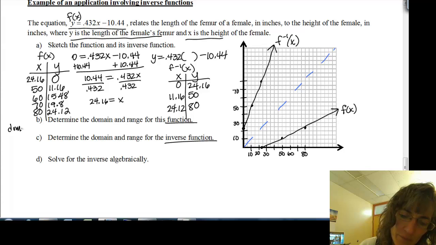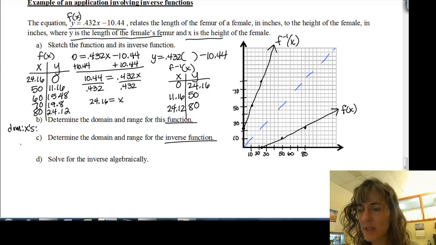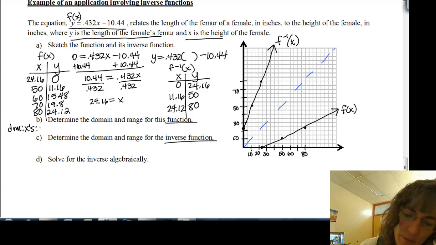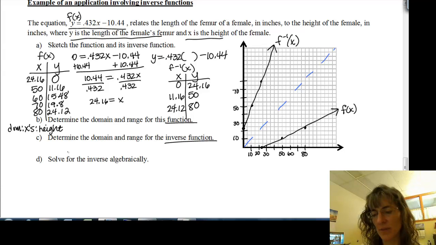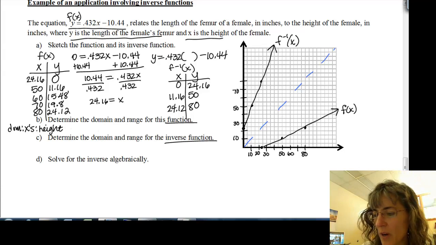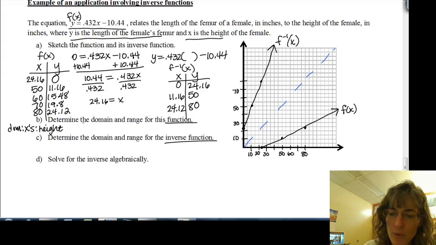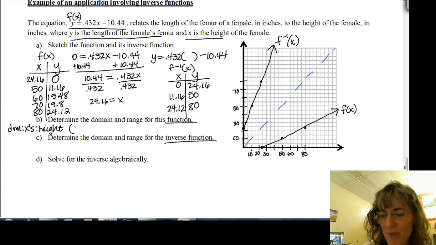So starting with the function, the domain is your x's, and in words, the domain is the height of the female. And so what heights are valid for this function? And you have to look where we hit 0 because we didn't want to have the negative values because those don't make sense for the length of a femur. So our function starts out defined at 24.16, but if you have that, then you have a length of 0 for your femur.